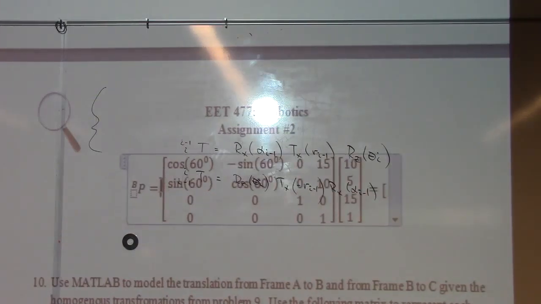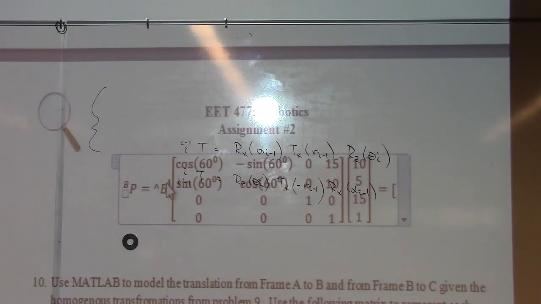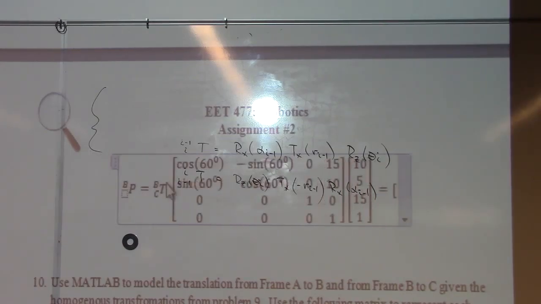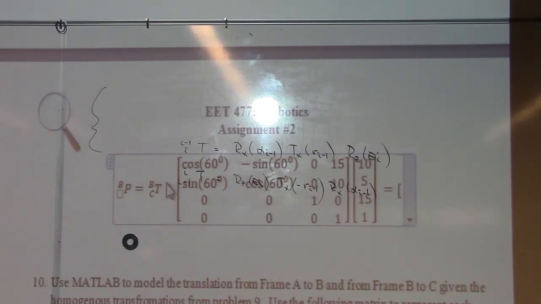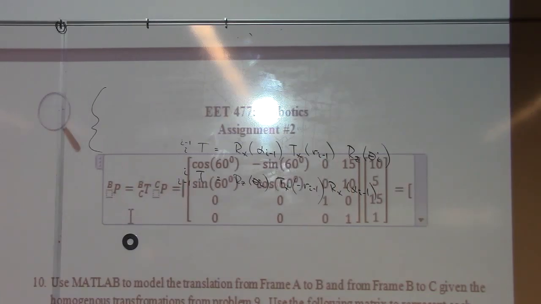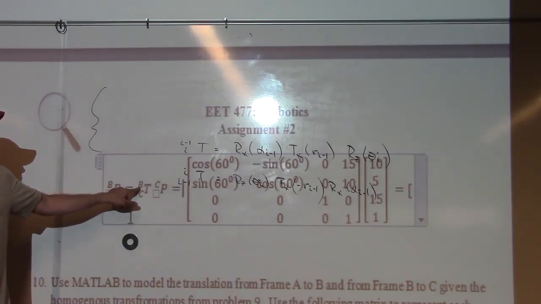So if we express this as the translation from B to C, that equals B, C, T times... what we see is that the C's cancel out, leaving us with the position of P relative to frame B, okay?